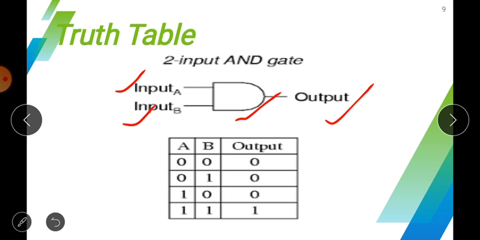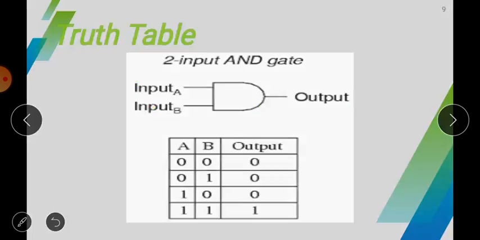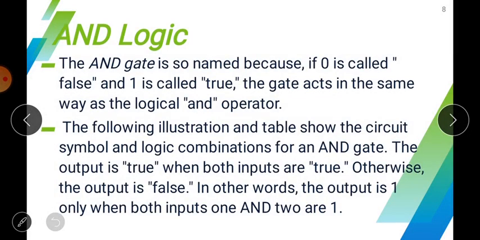So this is the truth table of the AND gate, which shows all the possible combinations of the inputs and the output according to the logic gate. As I told you earlier, the AND gate combines two conditions and gives the output true if and only if both of the conditions are separately true.